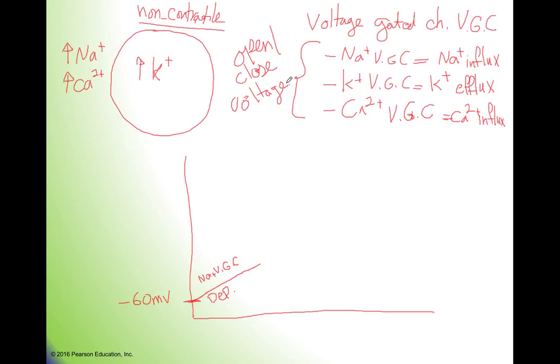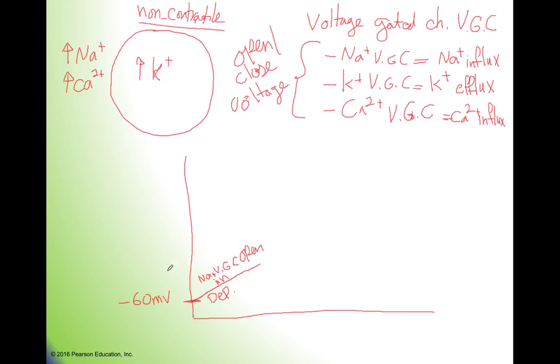So at negative 60, what you have is your sodium VGCs are going to open up. And what that leads to is sodium coming in.